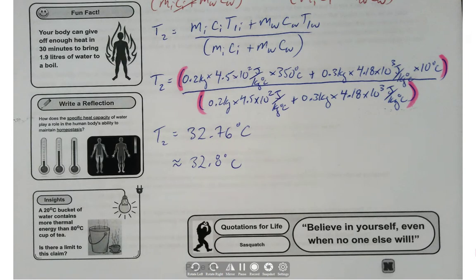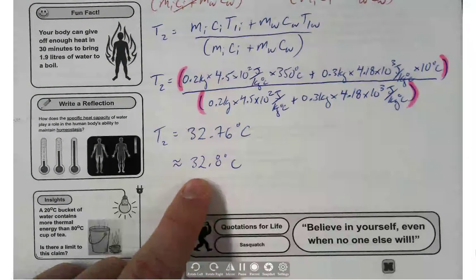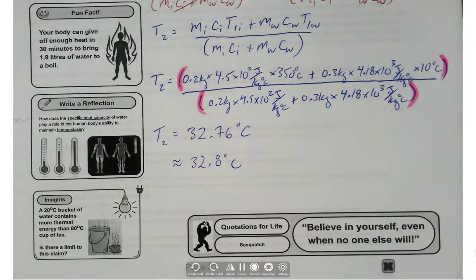Or should I just trust myself this time? We got a thumbs up. Nice. All right. So we got somebody that's going to second my motion of 32.8 degrees Celsius. And I feel like Sasquatch, I will believe. Believe in myself when no one else will.